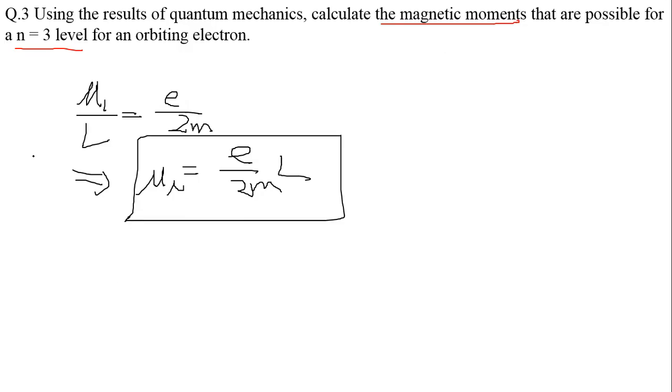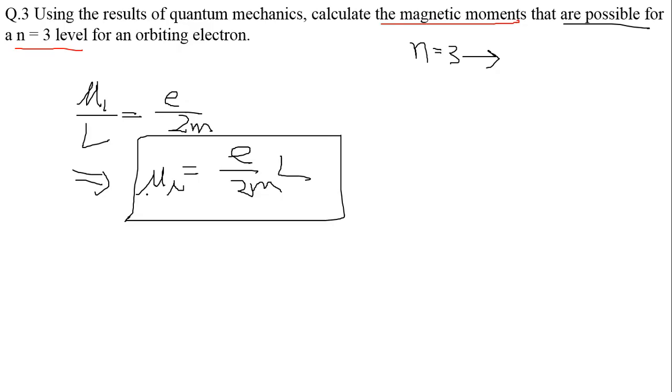Here we want to calculate the possible values of magnetic moment for the n equals 3 level. For that we need L values, and for different L values we will have different magnetic moments.